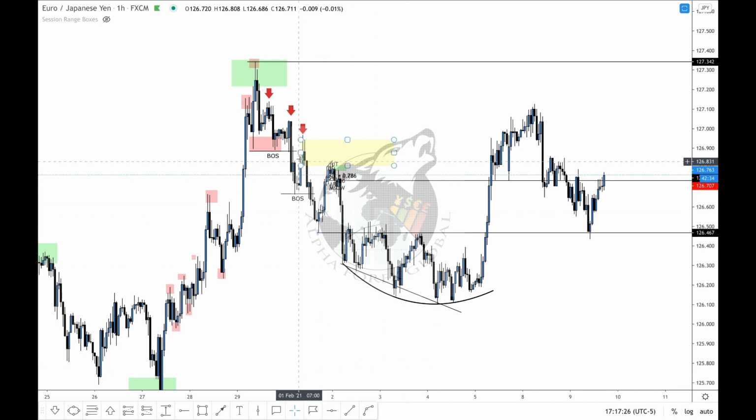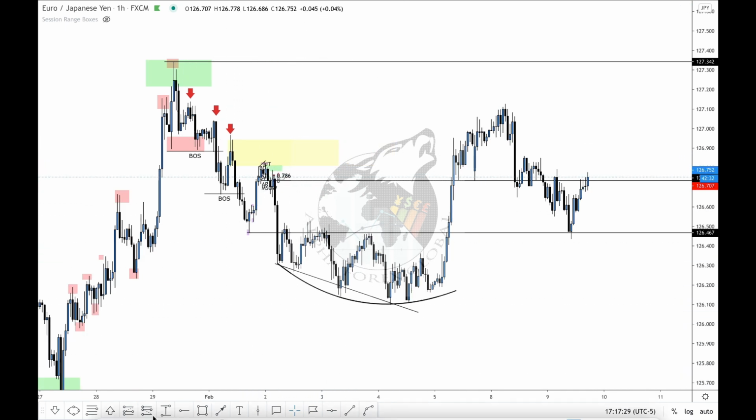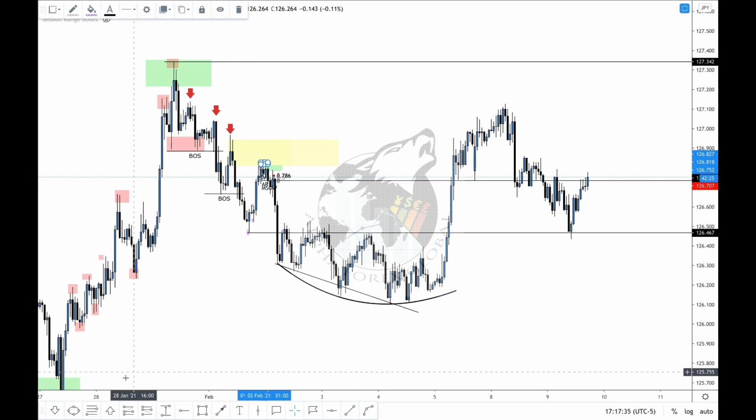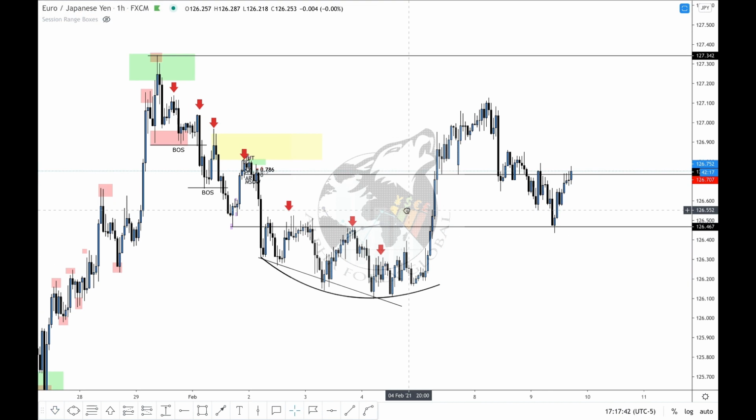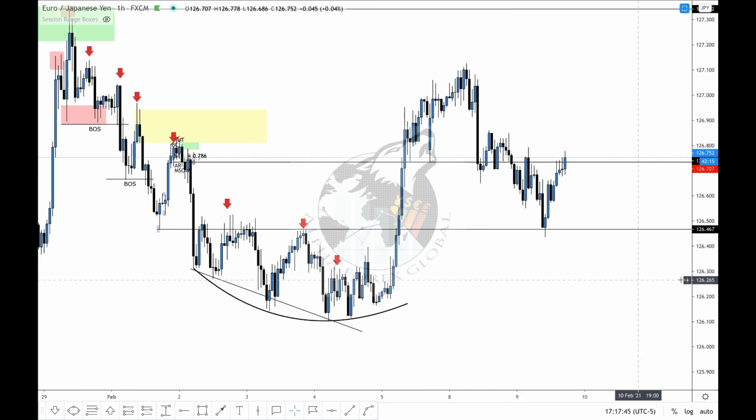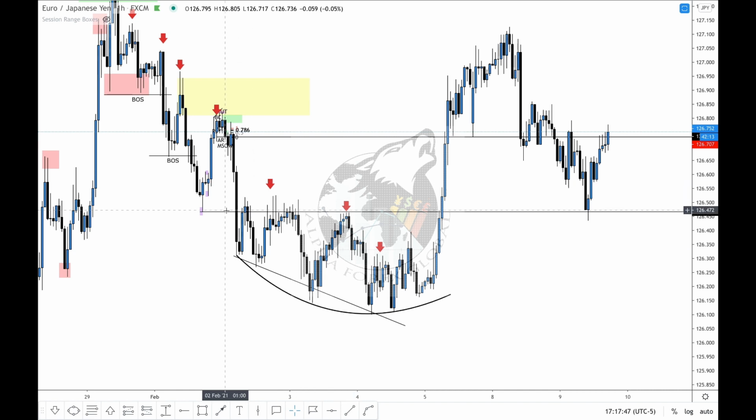So if we look at trend now, right, we're still trending down on the 1-hour time frame, right? So market is still creating these lower highs. So lower high, lower high, lower high, lower high, right? So what we want to see where structure is concerned is market to break to the upside on the 1-hour time frame, because the 1 hour is basically showing us the transition, right, for the 4-hour time frame.